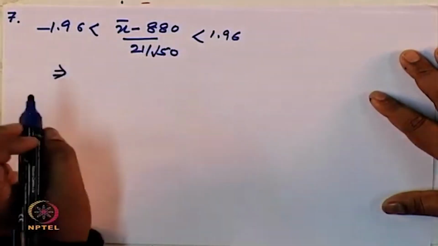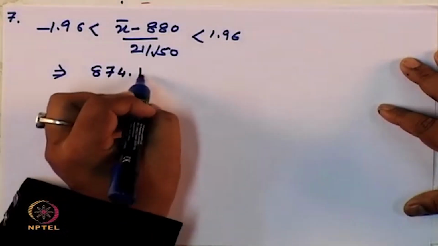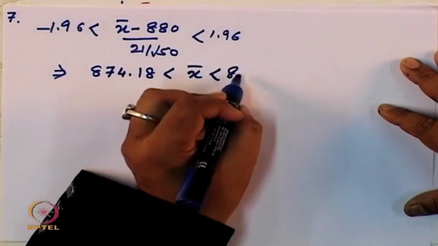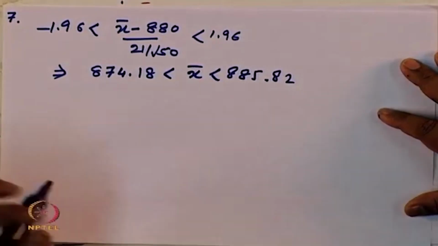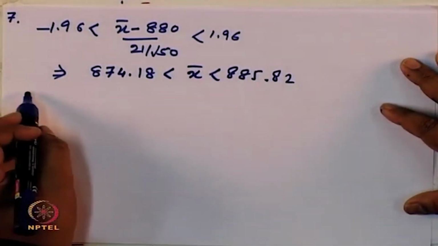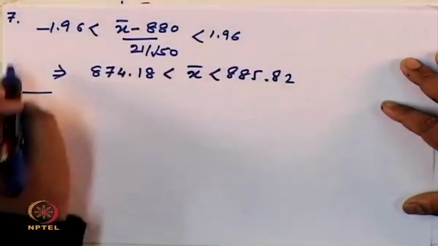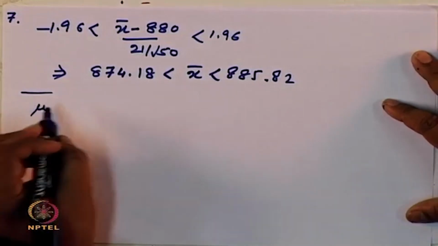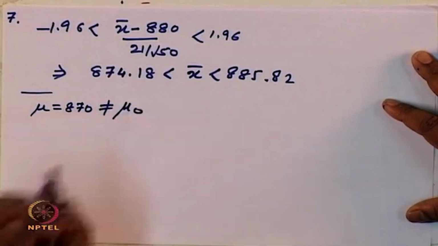Plugging in the values, I get a range of 874.18 less than x bar less than 885.82. But this is if H naught was true. What I know is my mu is equal to 870, which is not equal to mu naught.